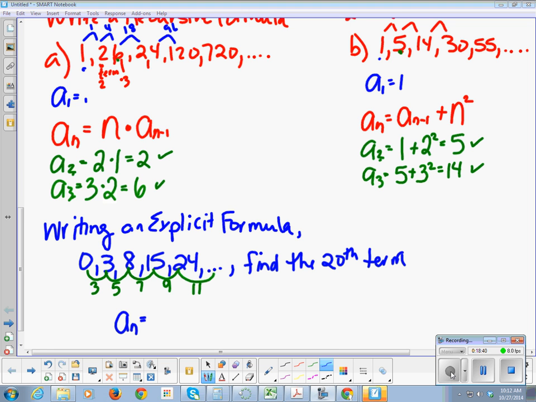So what pattern do we have to look for? It's consistently giving me odd consecutive integers, but that for me was very difficult to see the relationship.